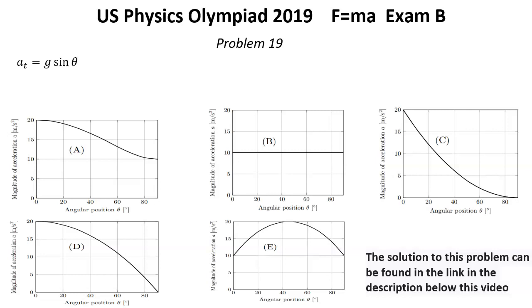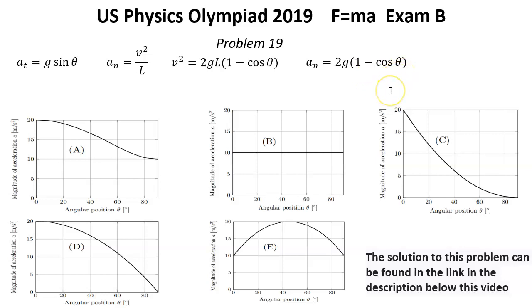Tangential equals g sine theta, and normal could be found from energy conservation, because normal acceleration equals v squared over L, where L is the length of the pendulum and v is the speed, and v squared equals 2gL multiplied by 1 minus cosine theta. So we have normal acceleration equal to 2g multiplied by 1 minus cosine theta.